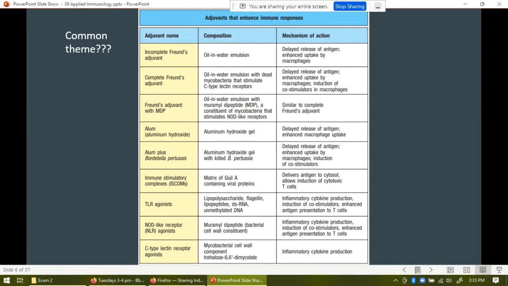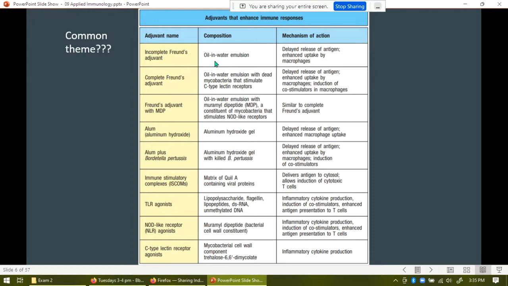It delays the release of antigen, obviously, because it's a gel, which doesn't dissolve as easily as just injecting you with a liquid made in water. There are some other adjuvants used in humans, but a lot of the most common ones are just aluminum hydroxide gels.